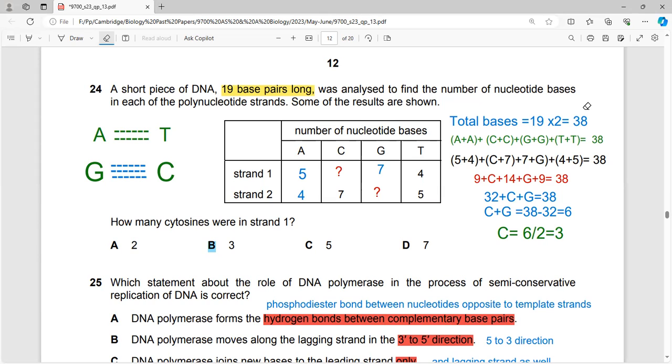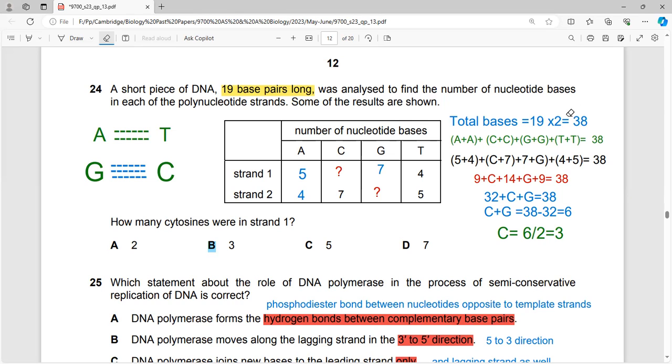So we will calculate the two values of each nitrogenous base, for example adenine, cytosine, guanine, and thymine. Here the two values of adenine are 5 plus 4, cytosine is C plus 7, guanine is 7 plus G, and thymine is 4 plus 5, and this is equal to 38.